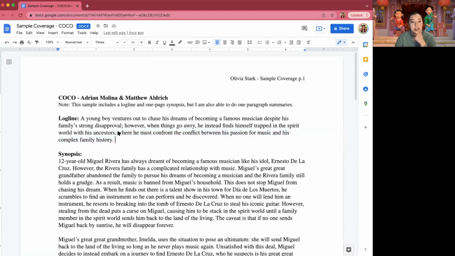In the movie, his ancestors and family in general don't want him to be a musician, and that's where the main conflict comes from in Act 2 and 3 as well. He's trying to get back to the land of the living, but his family won't send him back if he's going to pursue music.